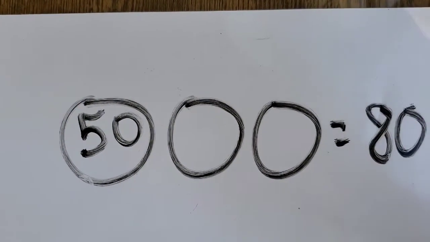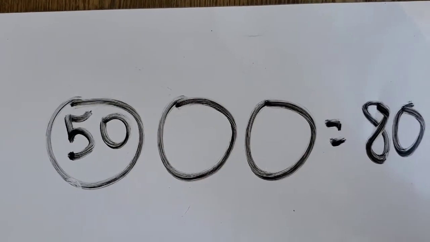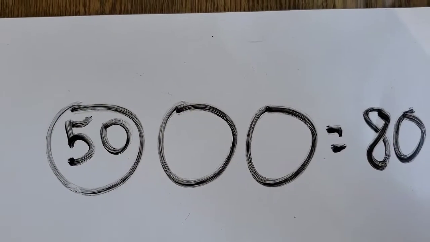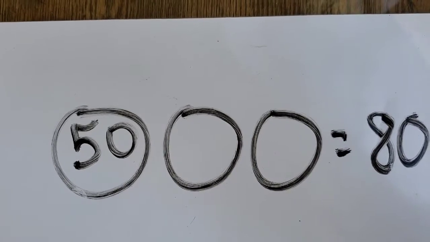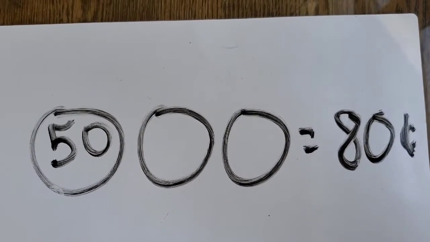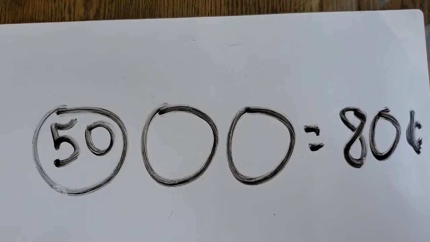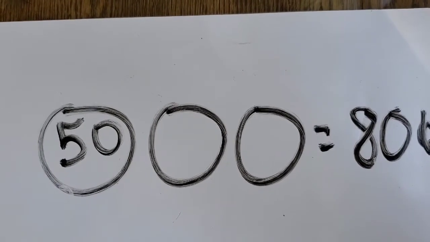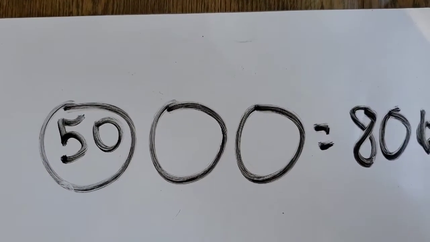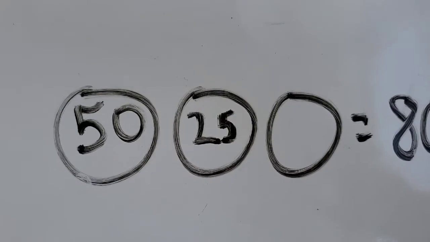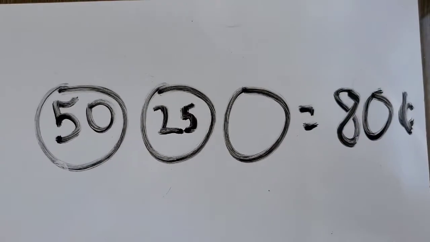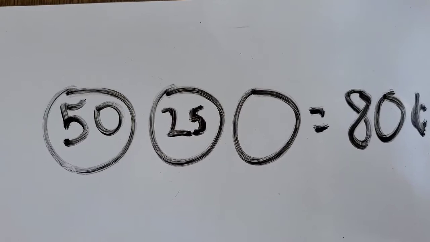Okay, our next largest coin is a quarter. And if we do the counting pattern, 25, 50, 75. Oh, is 75 less than 80? Can we use a quarter there for the next coin? Yes. We are at 75 cents. We need one more coin that'll take us to 80.